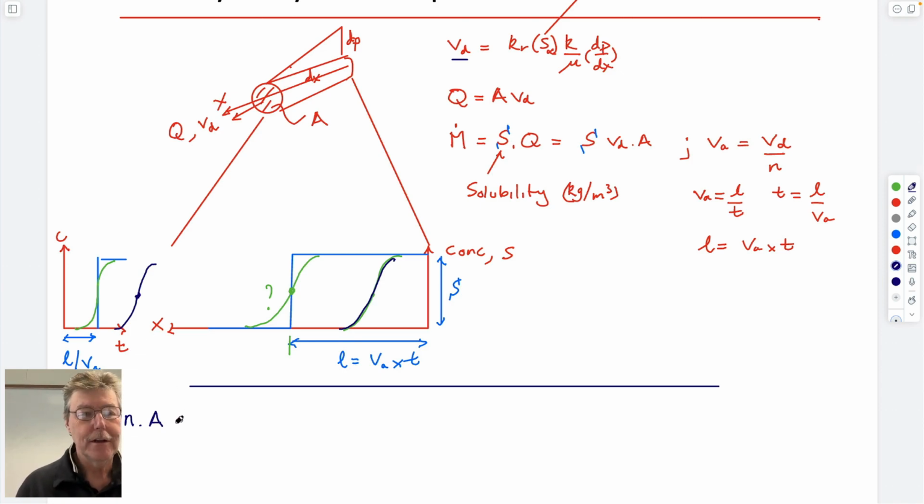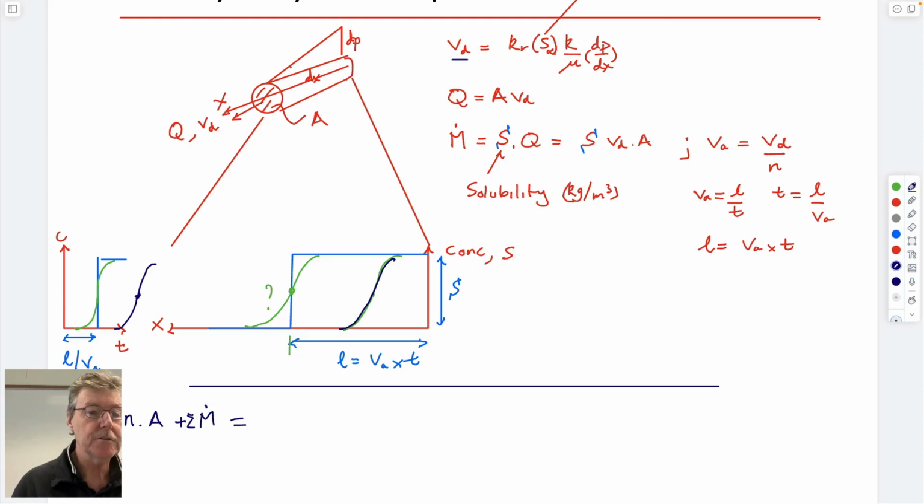So, do you remember this? This is conservation of mass, right? Density times the velocity, velocity times an area, gives you a volumetric flow rate.